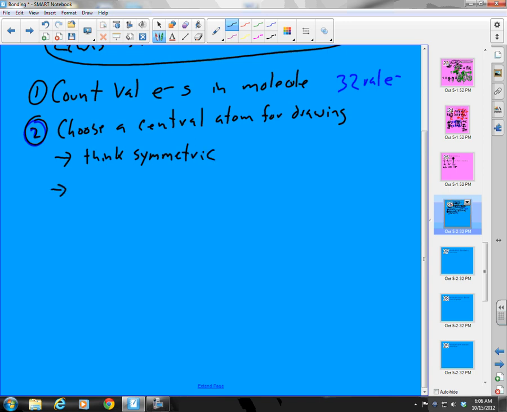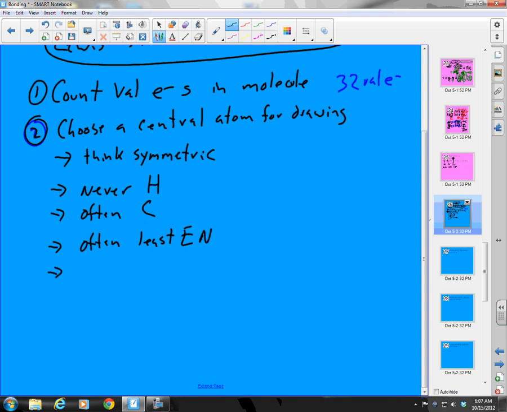Another hint. Never hydrogen. Another hint. Many times, often carbon. And here's another hint. Quite often it is the atom with the least electronegativity, meaning farthest from fluorine, right?